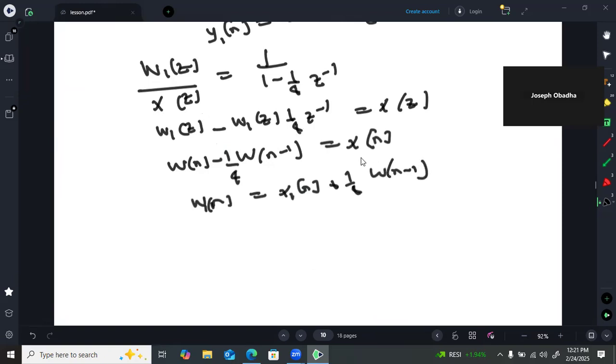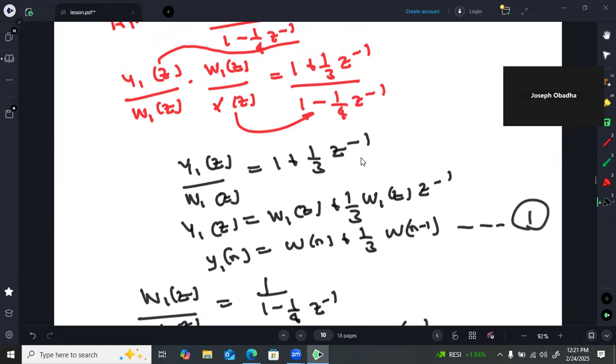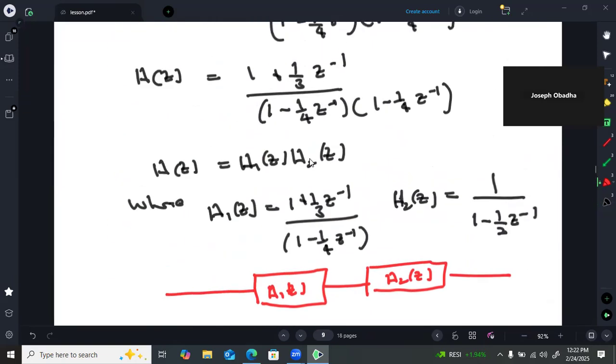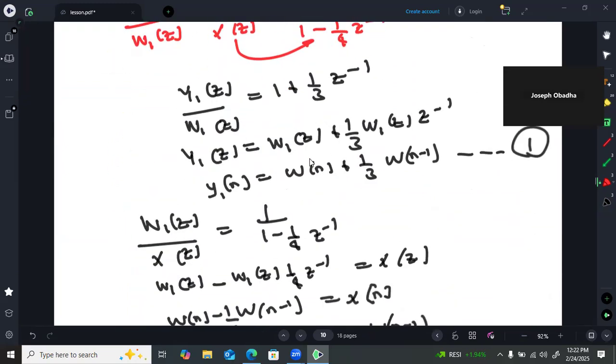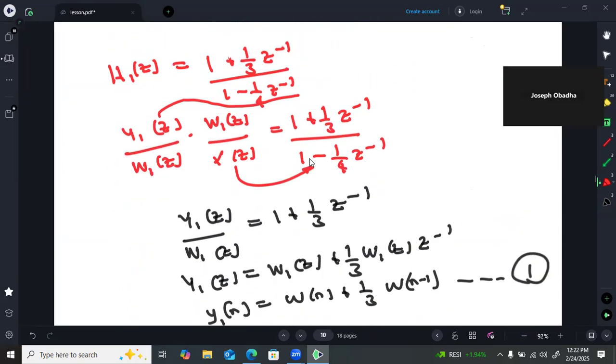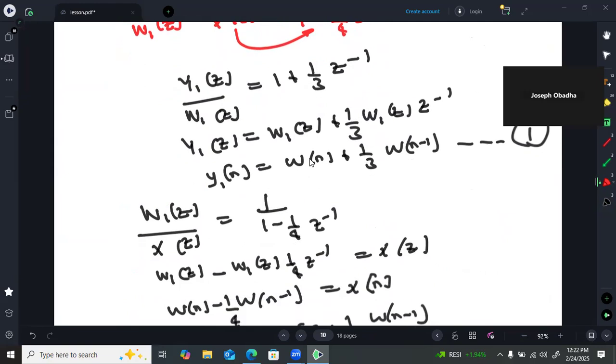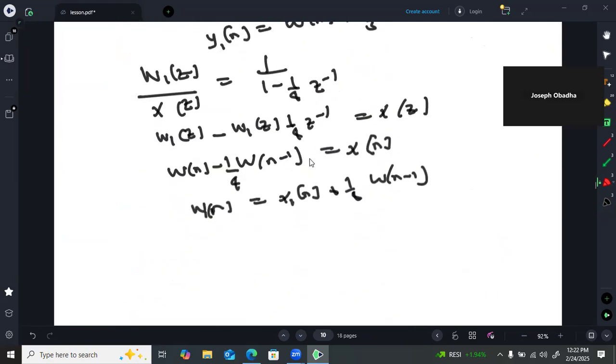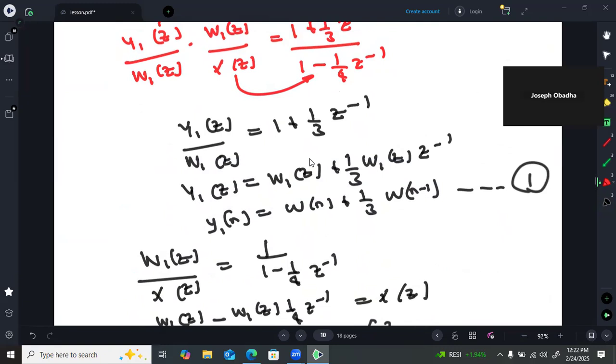So that means now we are able to implement the first part, the H1 part.